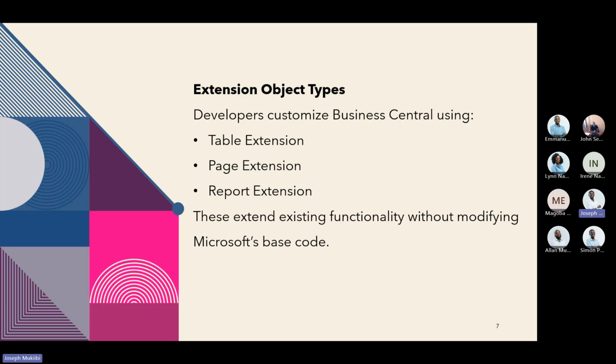So we also have extension object types. We have looked at pages, tables, codeunits, XMLports, but from those we can make extensions. Developers customize Business Central using table extensions, page extensions, and report extensions.